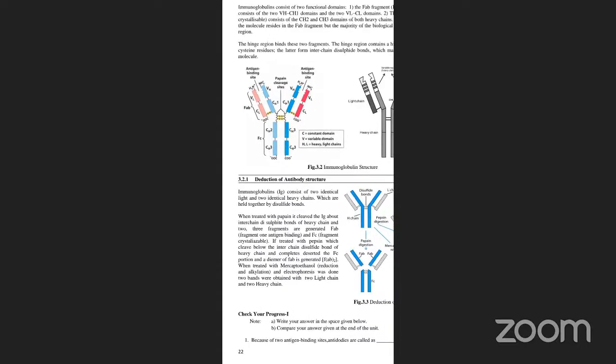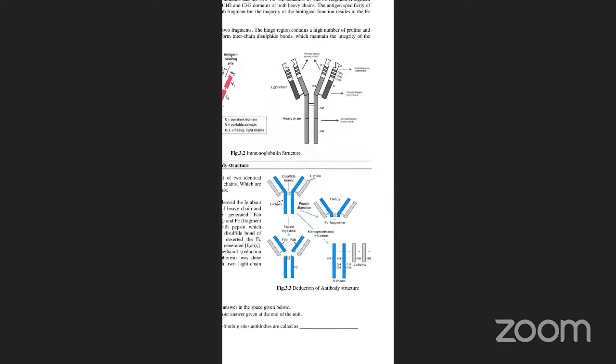Now, digestion of antibody structure. Here I will explain how this antibody can be digested. Once the antibody completes its function, whatever the cell or antibody or anything, it will be dismantled again and again. New antibodies will be synthesized. Nothing comes from outside. Mostly our body will recycle itself, right?